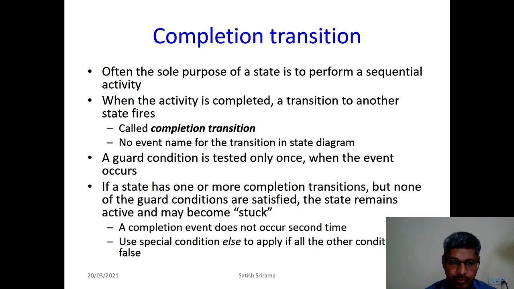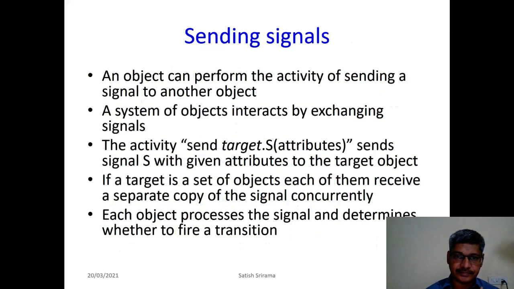When you model such a state diagram, you can use this special condition called else, which applies if none of the conditions work. If everything else says false, then you can take the else transition. Okay, that's about the completion transition.